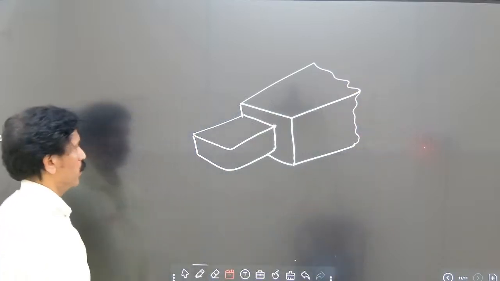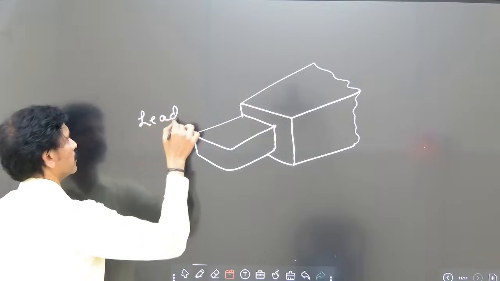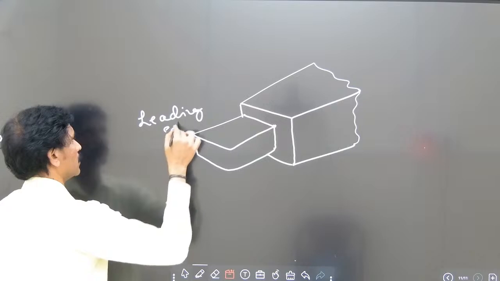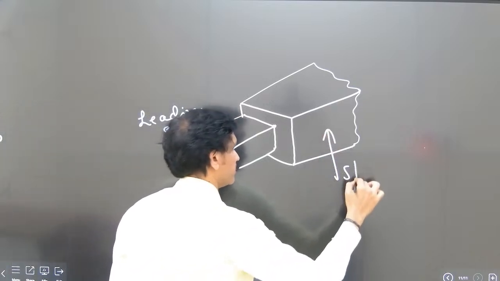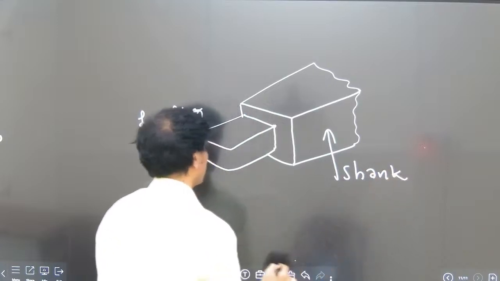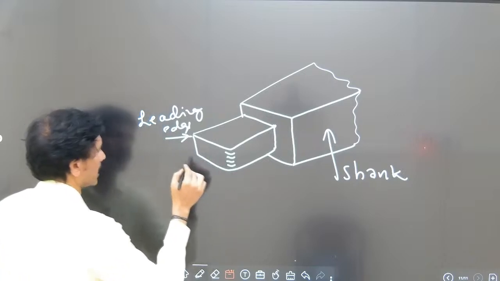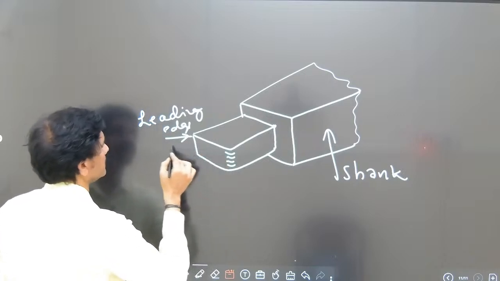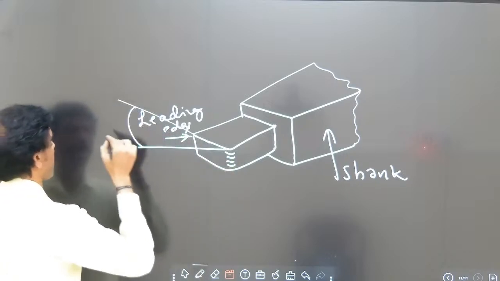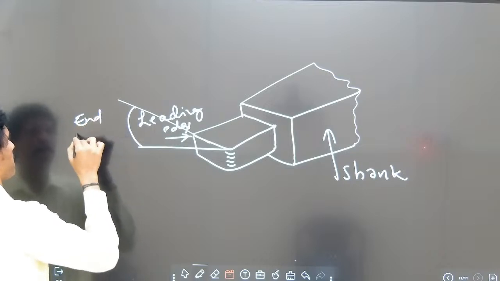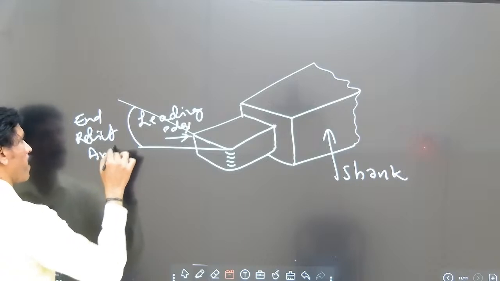Single point cutting tool. So this is the leading edge, the shank, the holding part, the relief angle, the end relief angle.